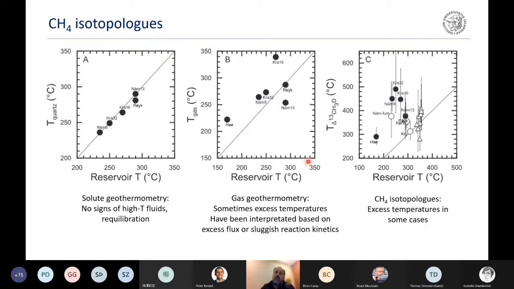When you go into some of these isotope geothermometers, like the methane isotopologues, we see a completely different story. We are starting to pick up again, just like we saw with the boron and the chlorine, that there is definitely some high temperature vapor phase or fluid phase equilibrium at temperatures of somewhere between 350 and 500 degrees.